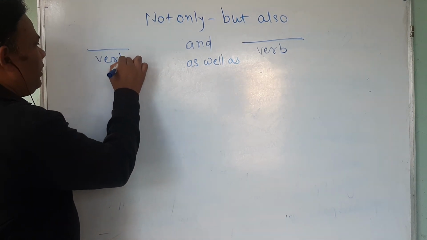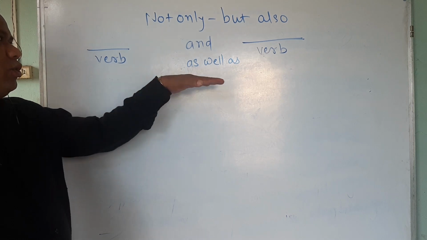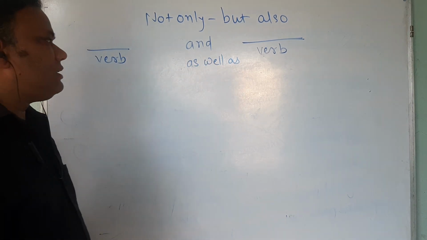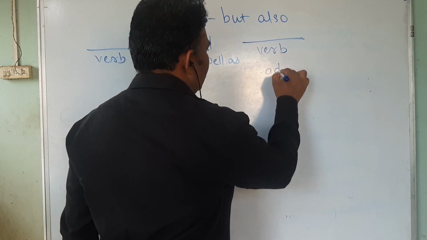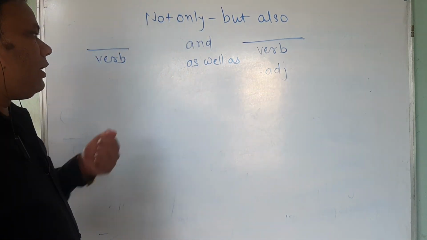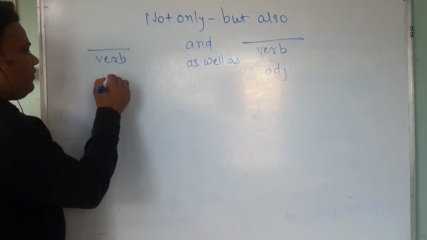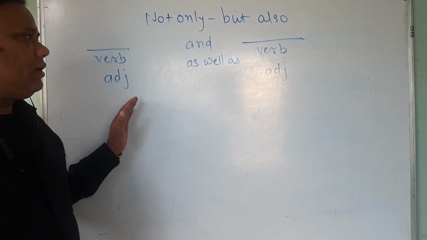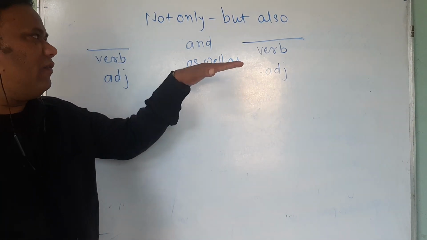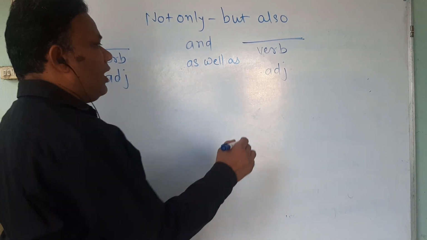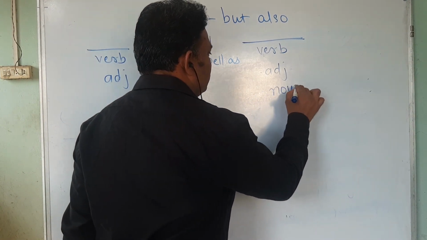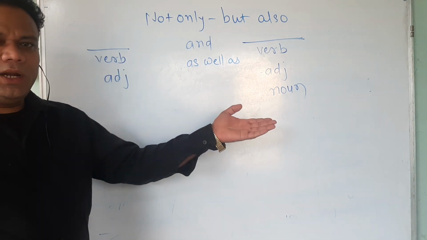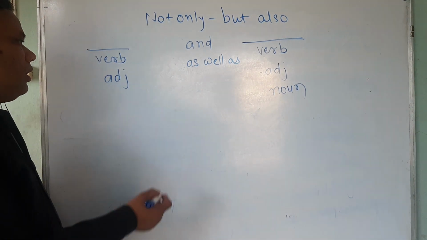Here we have to find the verb. Suppose after "and" or "as well as" an adjective is there, then in the previous part of the sentence we have to find out where is the adjective. Suppose after "and" or "as well as" a noun is there, then we have to find out which is the noun in the earlier part.